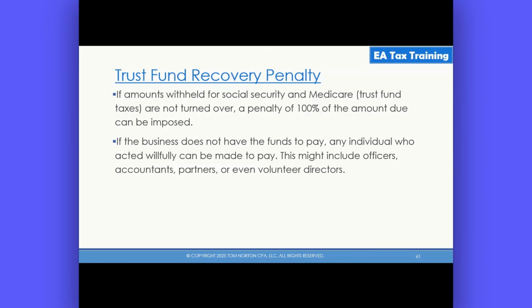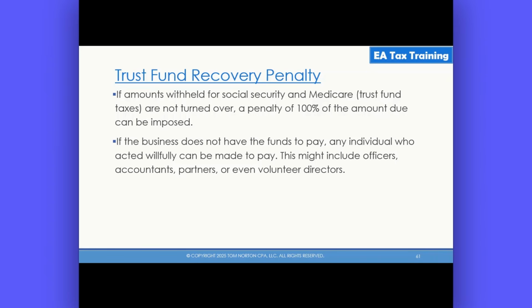Some business owner withholds all of these amounts from their employees, and then instead of sending that money to the IRS like they're supposed to, they go out and they spend the money instead. And so they get caught and they go to prison. And not only do they go to prison, but they have to pay these amounts.